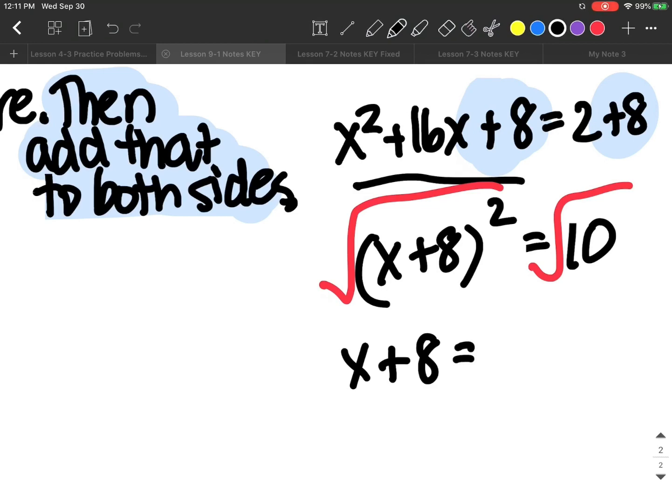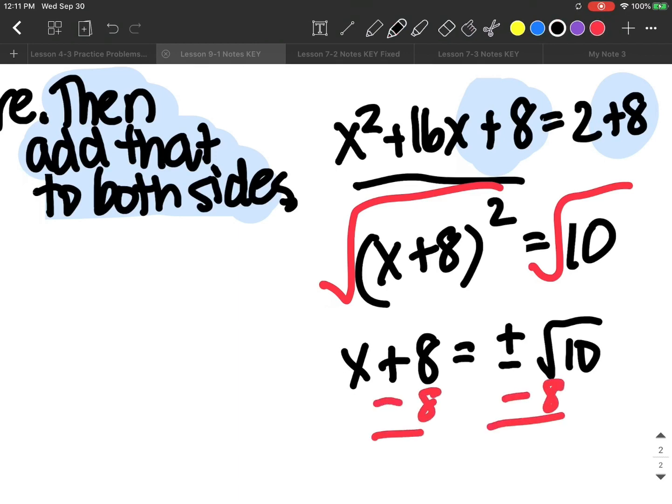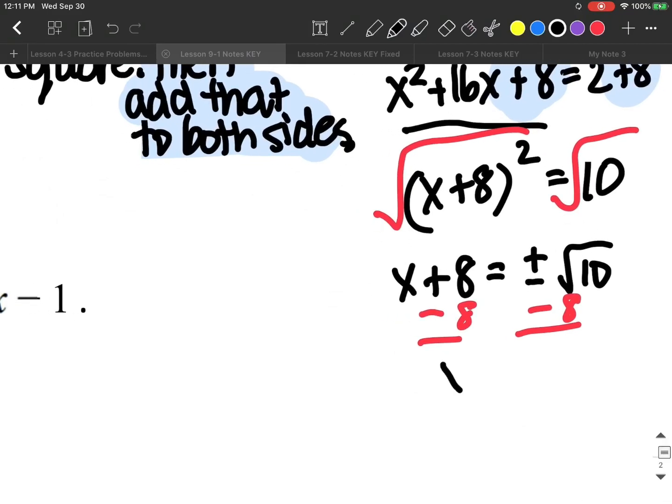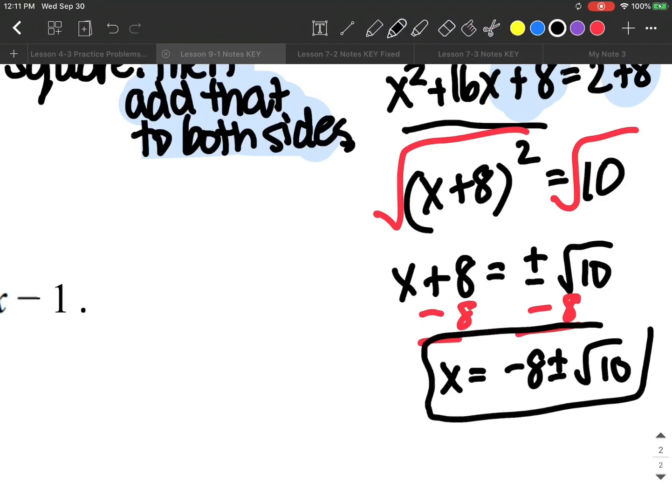The square root of 10 can't break down any further. I leave it because it's an irrational number. I just need to make sure I write plus or minus the square root of 10. Then I'm going to get the x by itself by subtracting 8 on both sides. That gives me x is equal to negative 8 plus or minus the square root of 10 as my answer.